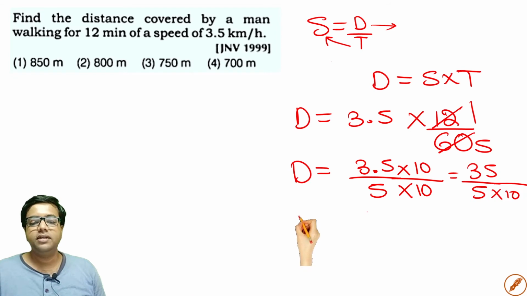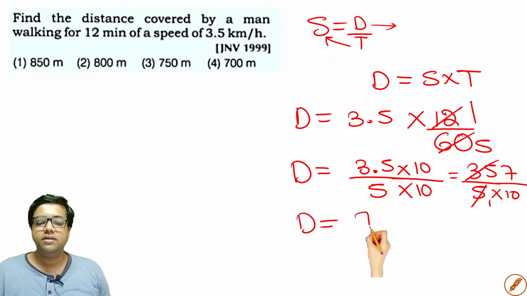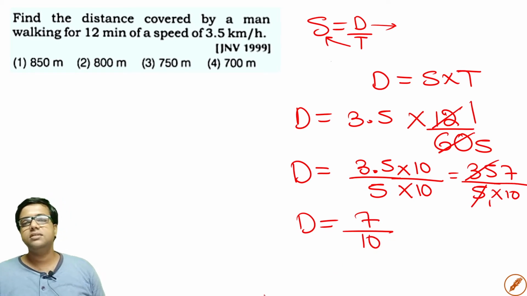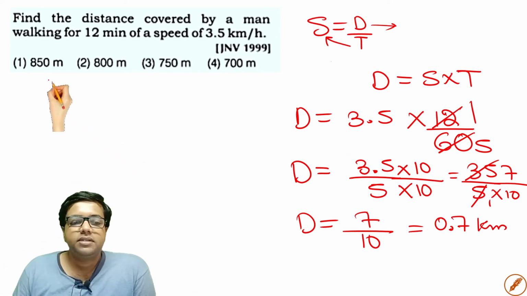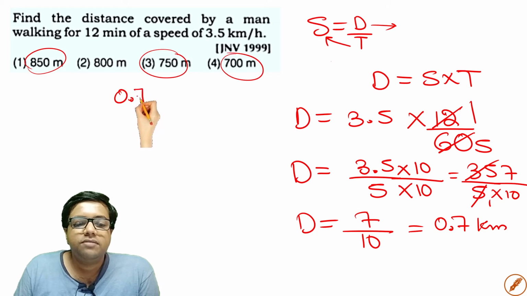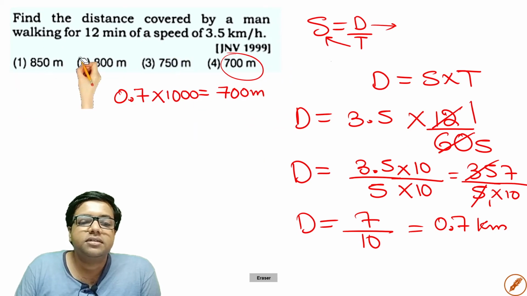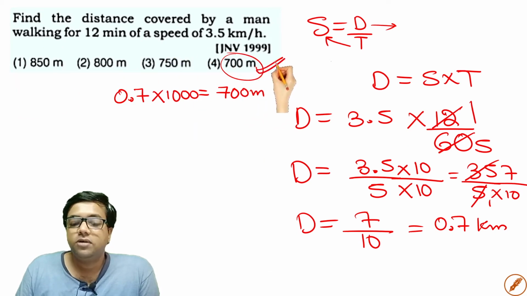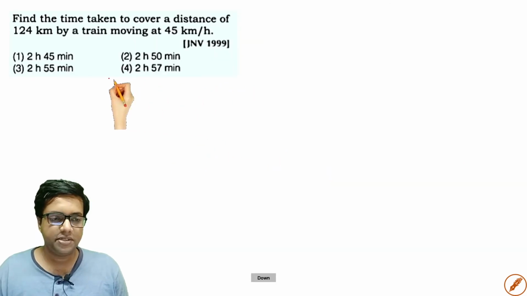So distance is equal to 5 sevens are 35, 7 by 10, or 0.7 kilometers. But the answers here are all in meters, so I will have to convert kilometer into meter. I will multiply by 1000. This will give me 700 meters. So option 4, 700 meters is the right answer for this question.